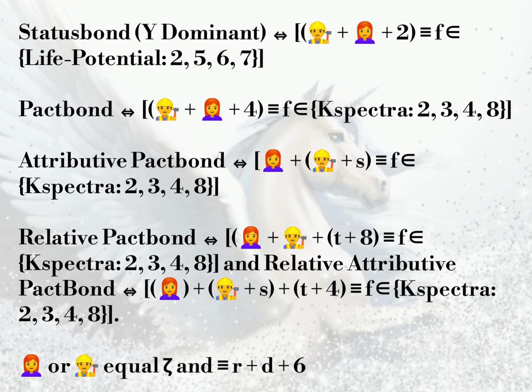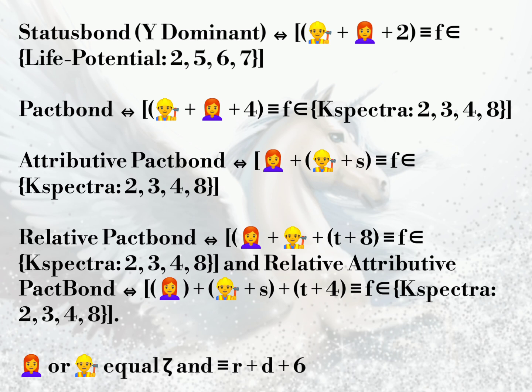Pact bond if and only if, construction worker plus woman red hair plus 4, is defined as F element of K spectra 2, 3, 4, 8. Attributive pact bond if and only if, woman red hair plus construction worker plus S, is defined as F element of K spectra 2, 3, 4, 8.